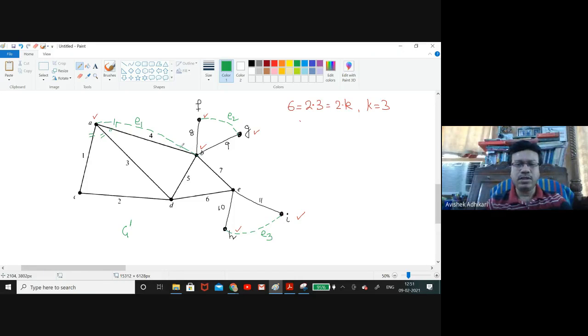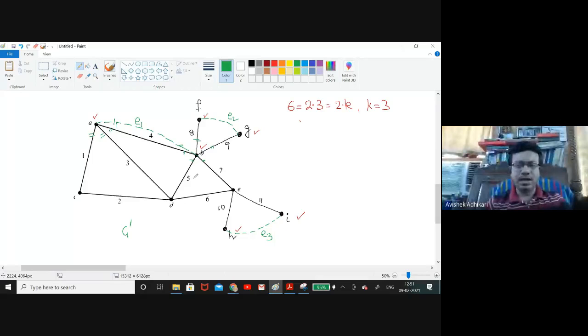What is the degree of this? 1, 2, 3, 4, 5, and 6. So now the degree of this vertex becomes 6. Now the degree of this vertex becomes 2, and so on. By making them a pair, you can see that each of these vertices is now of even degree.